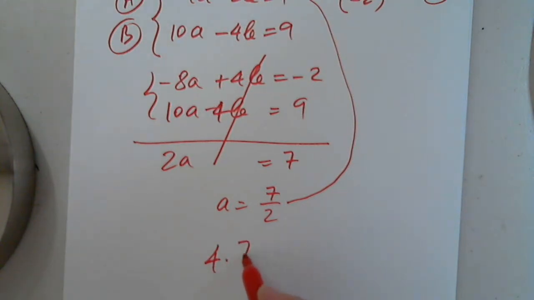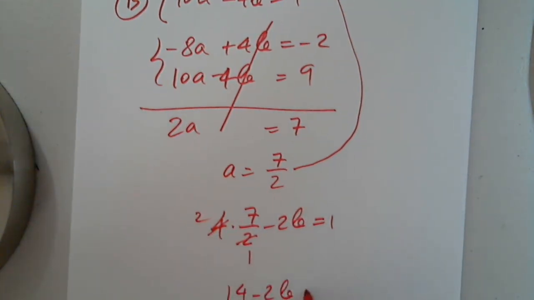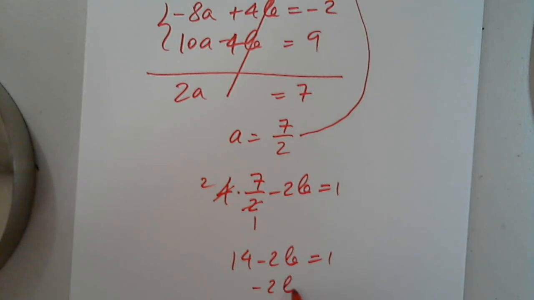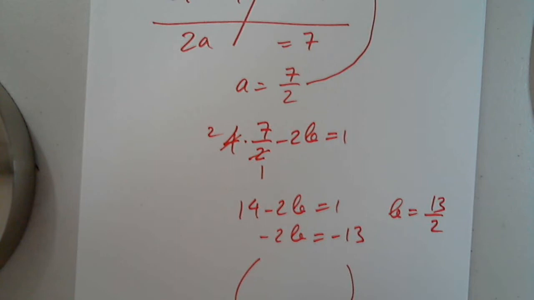So 4 times 7 halves minus 2b equals 1. Of course, I'll simplify. So 14 minus 2b equals 1. I move 14 to the other side, it becomes negative. 1 minus 14, negative 13. So b equals 13 halves. So my ordered pair is a comma b: a 7 halves, b 13 halves.